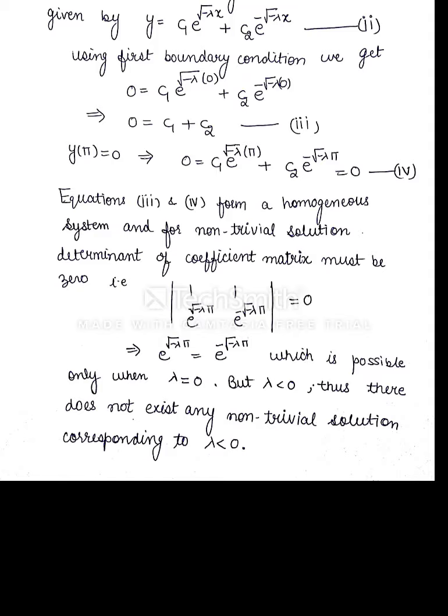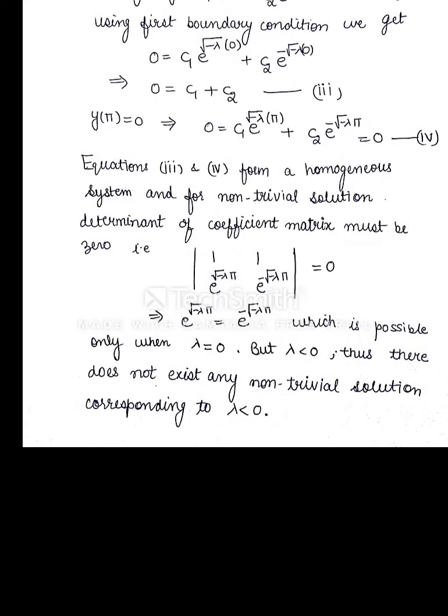And when we solve this determinant equation, we get that e^(√(-λ)π) is equal to e^(-√(-λ)π), which is possible only when lambda is equal to 0. But we have considered the case that lambda is less than 0.